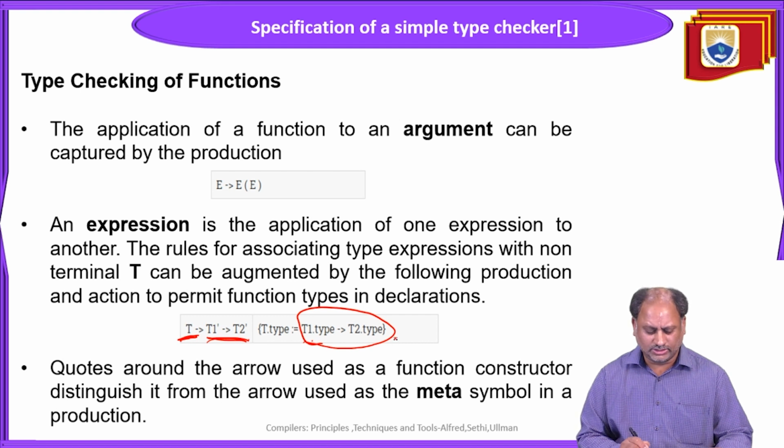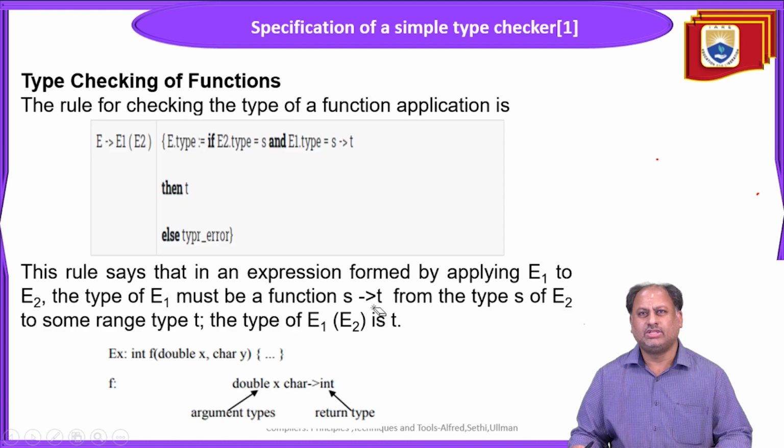What are the rules of this type expression with the corresponding non-terminal T, augment production with the left hand side, is to be declared with the right hand side, and this is to be verified. If both match, then it returns the corresponding type, else type_error.